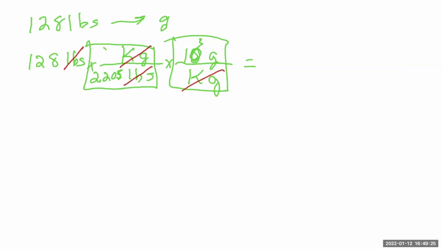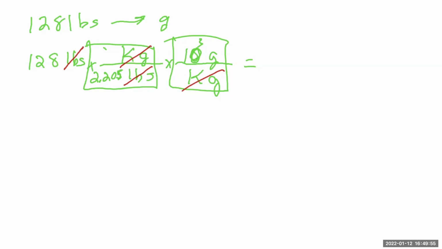So then doing the math, we start with 128. And where's my calculator go? There it is. So 128 divided by 2.205, times, well, we'll do that, we'll do the exponents after that.